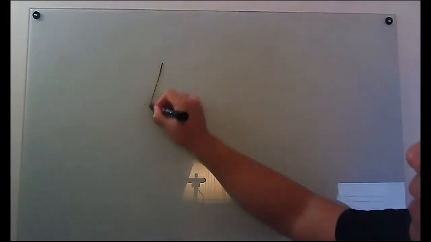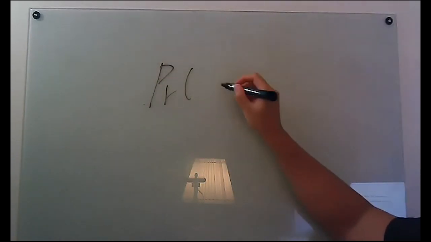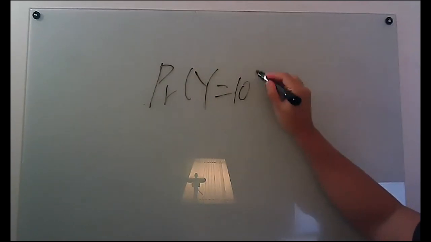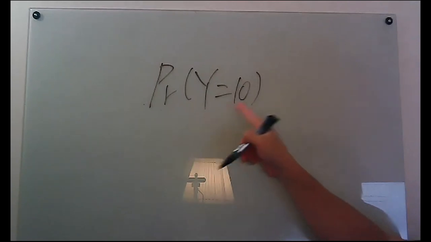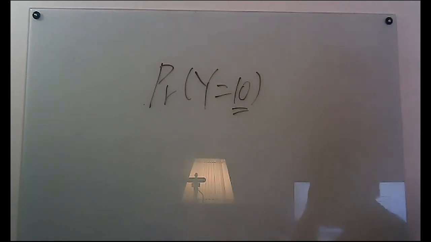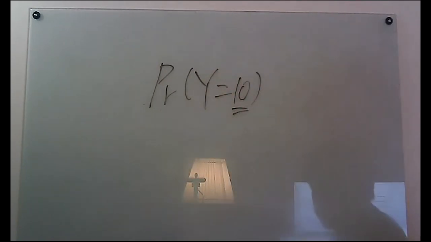In other words, that is the probability of, I can use Y, that Y equals 10. So basically the number of headsets working well equals 10. This is what you are looking for. So plug in the formula. I'm not going to go over the formula in detail. You can just plug in the numbers, right?